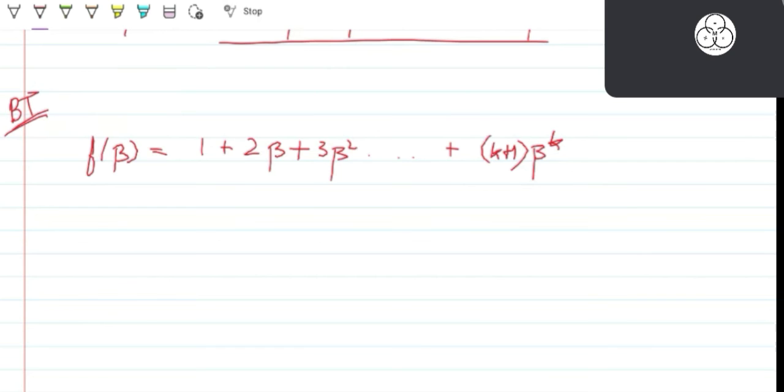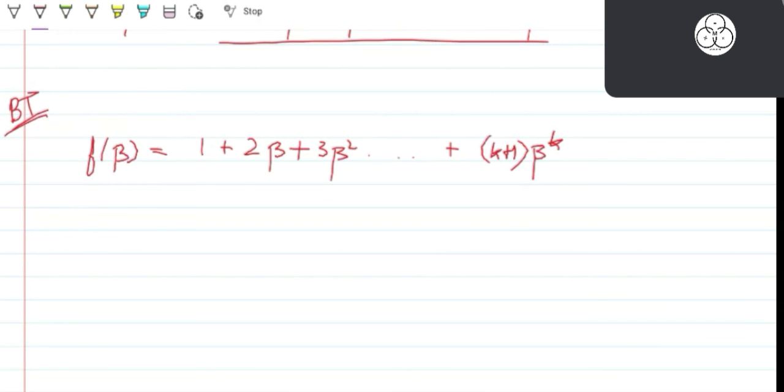Can we observe one thing? If we integrate this with respect to beta, what will we get? Or rather, forget integrating.